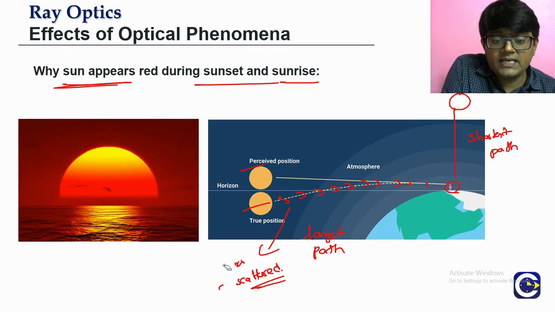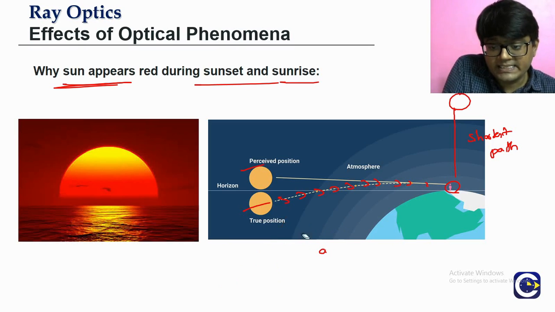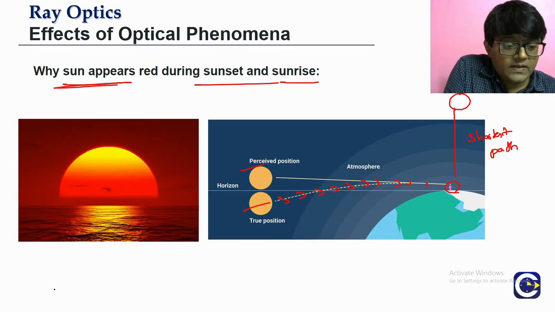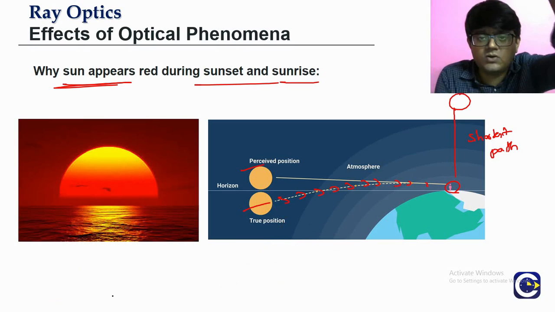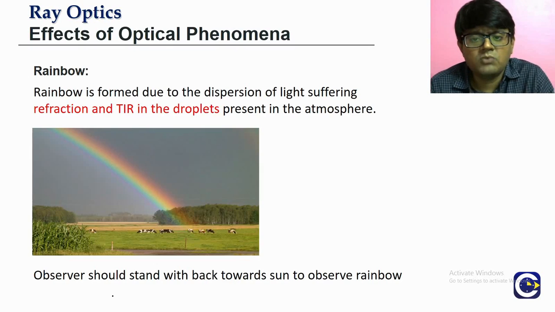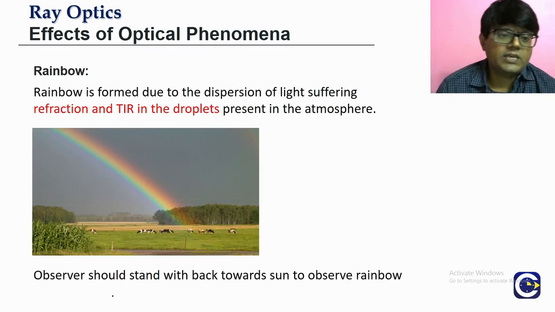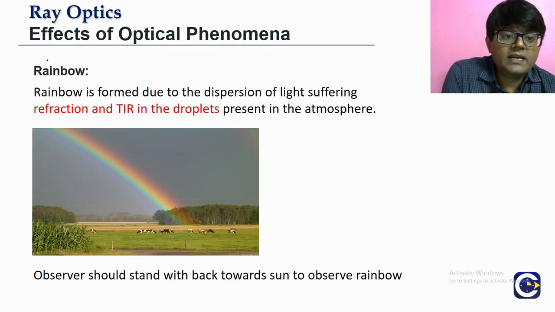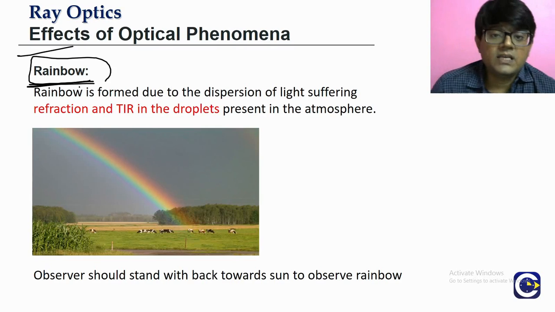Red remaining. That is the reason why during the sunrise or sunset time the color of the sun appears to be bright red. But in the midday, the shortest path, the color of the sun will be almost bright white.